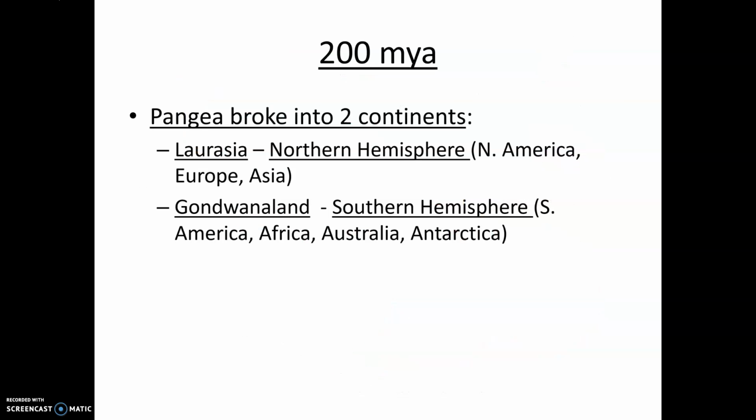So about 200 million years ago, we see that Pangea broke into two continents here, what we call Laurasia and Gondwanaland, which sounds a little weird. Our northern hemisphere part that broke up is North America, Europe, and Asia. And then our southern hemisphere, we can see, is South America, Africa, Australia, and Antarctica.